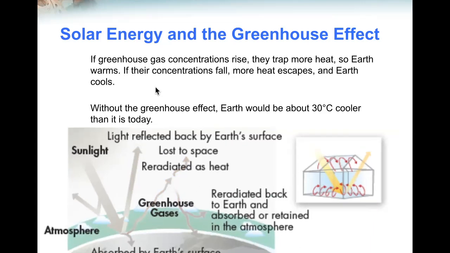If greenhouse gas concentrations rise, they trap more heat, so Earth warms. If their concentrations fall, more heat escapes and Earth cools. Without the greenhouse effect, Earth would be about 30 degrees cooler than it is today. That would mean most of the Earth would be frozen.